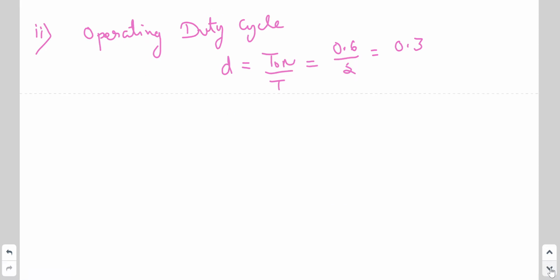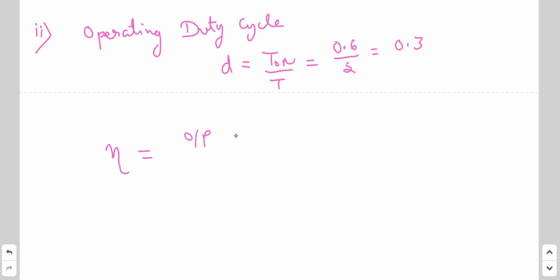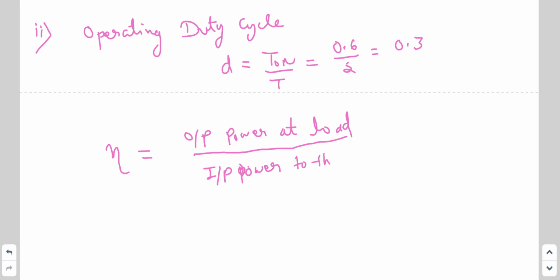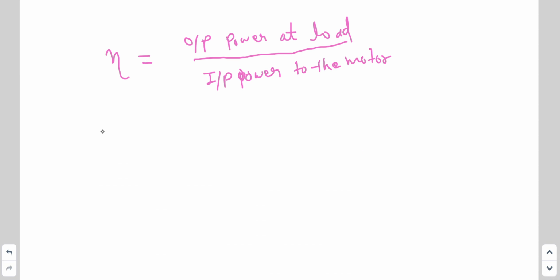So efficiency. What is the efficiency of a machine? For the motor, it is the output power at load divided by the input power to the motor. First we calculate P input, which is equal to Vs into I average.